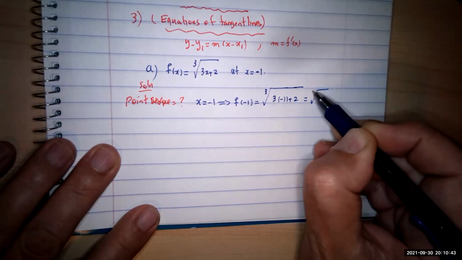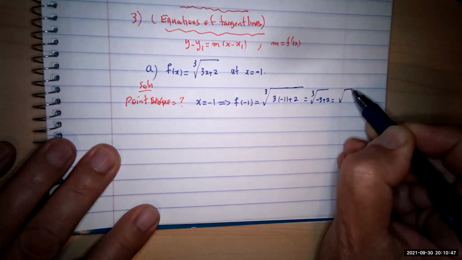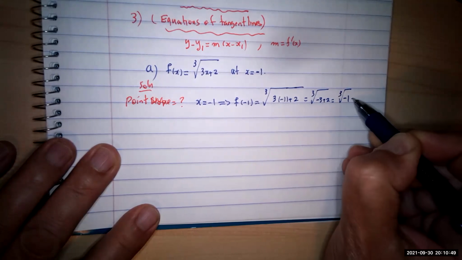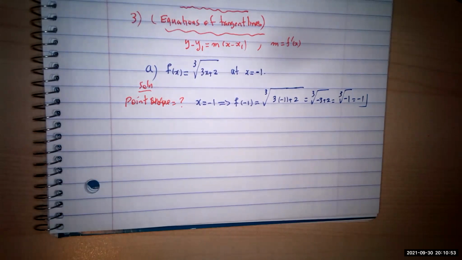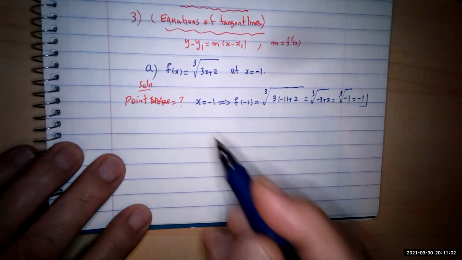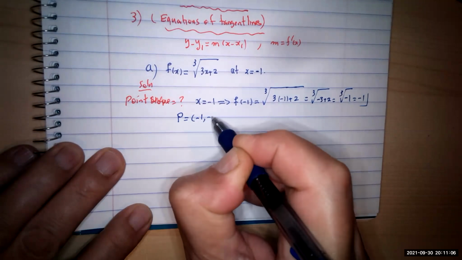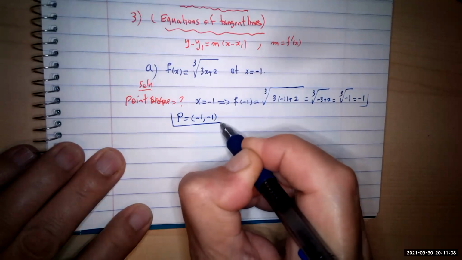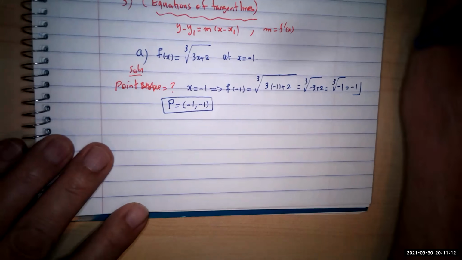So it's going to be the cube root of -3 plus 2, which is the cube root of -1. The cube root of -1 would be -1, because -1 times -1 times -1 would be -1. Okay, so we have a point. So what's going to be the point? The point is (-1, -1). This is the point. Any question?